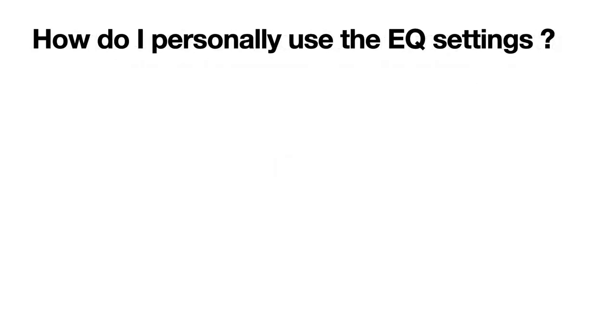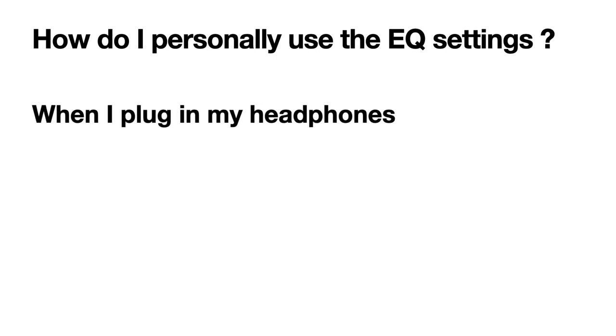So how do I personally use the EQ settings? 4 different ways. Number 1 is when I plug in my fancy schmancy headphones, I want to set this to the headphone so that I get the very best quality sound coming into those headphones.